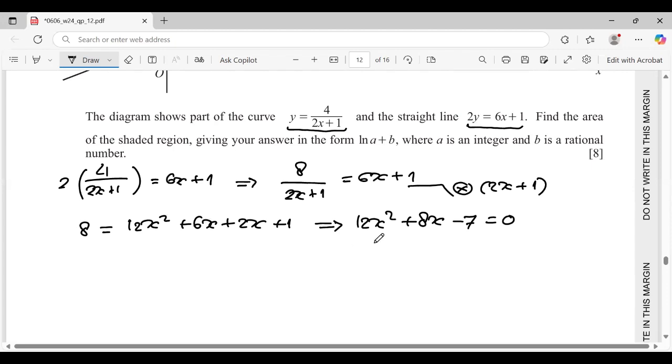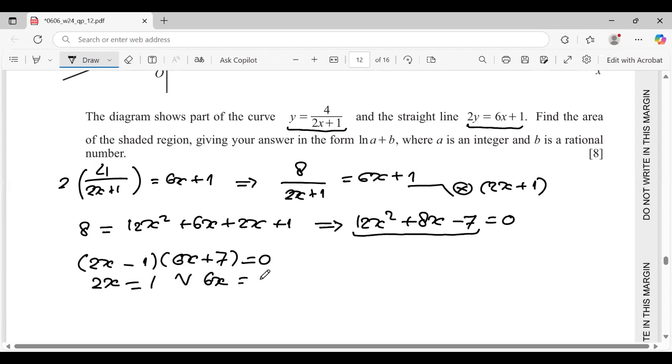Now I would like to factorize this expression: it becomes (2x plus 1)(6x plus 7) equals 0. So 2x equals 1 or 6x equals minus 7, so x equals 1 half and x equals minus 7 over 6.